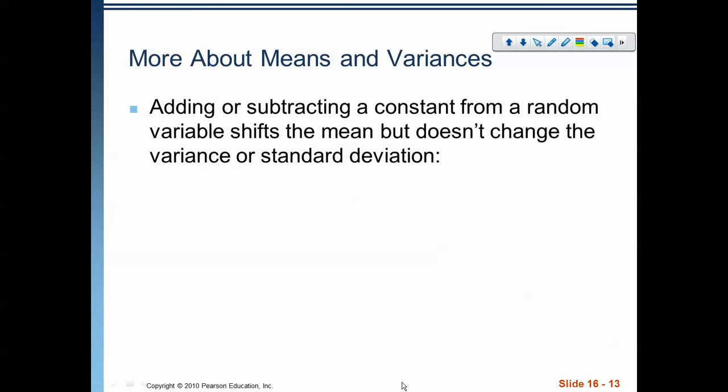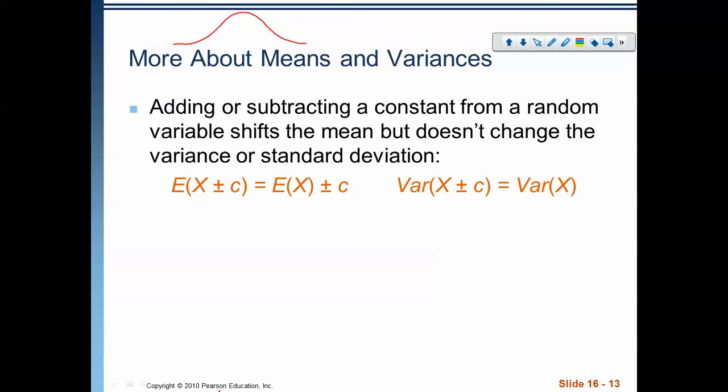I want you to recall that when we have a distribution, any kind of distribution, and we add 5 to everything in that distribution, all it does is shift that distribution over.